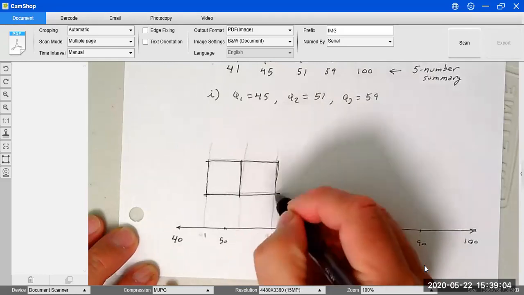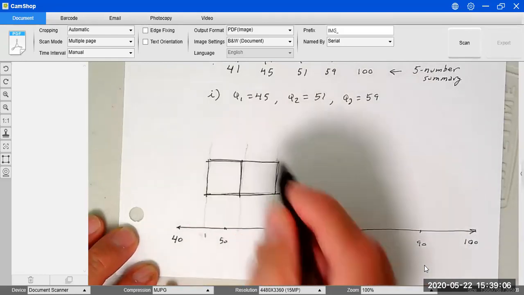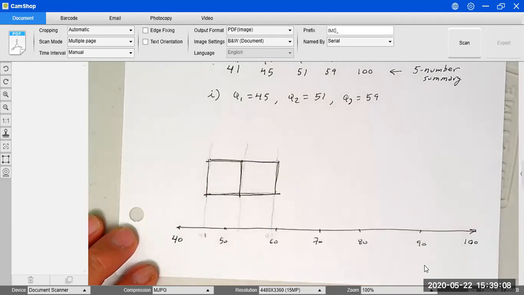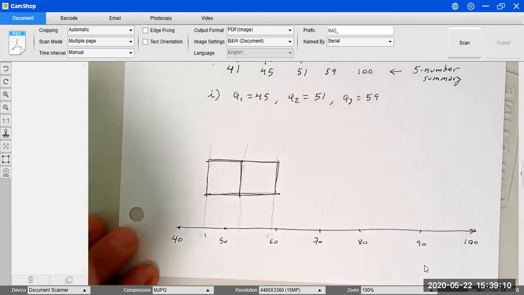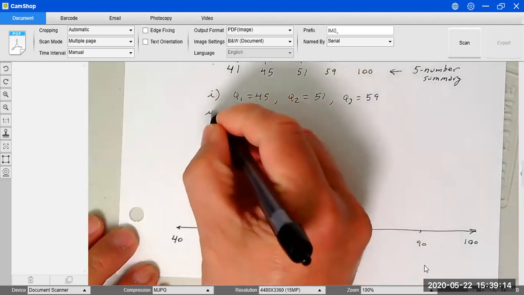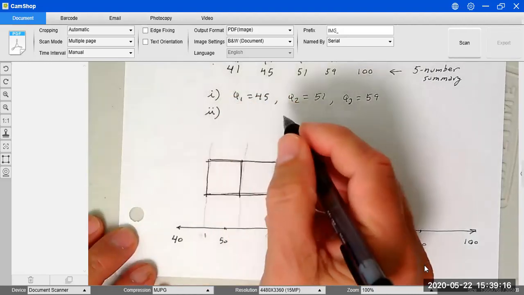So if you check the figure in the book, it's better. Then we need to compute the outlier boundaries. So that's the second part. We need the outlier boundaries.